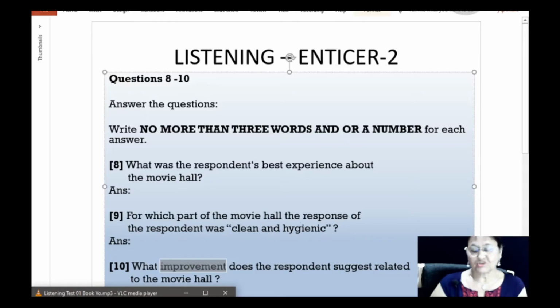So which is her best experience? Now, if you paid attention, you will get two opinions which she gives. She says hall arrangements and services. Now, hall arrangements is two words.